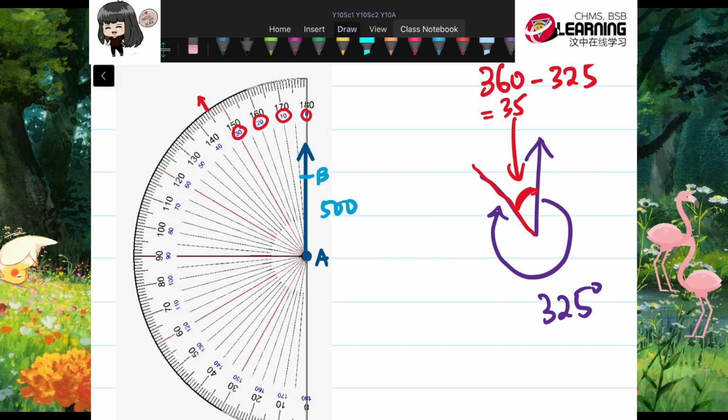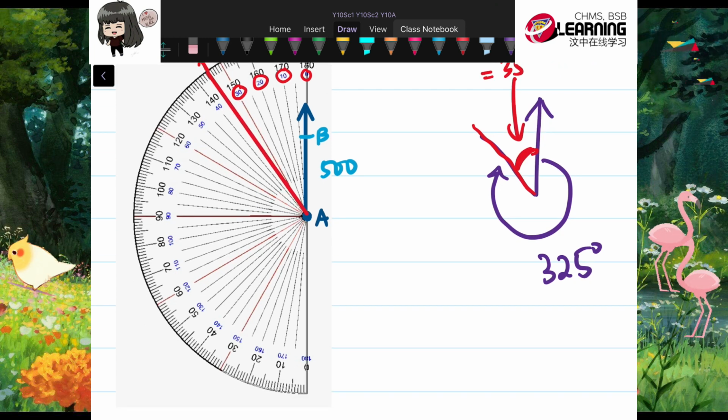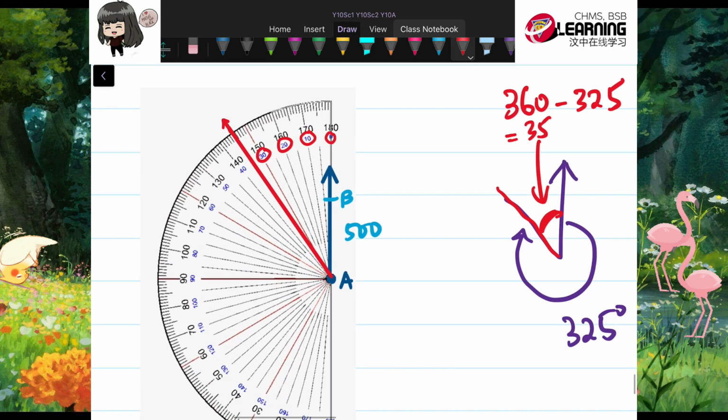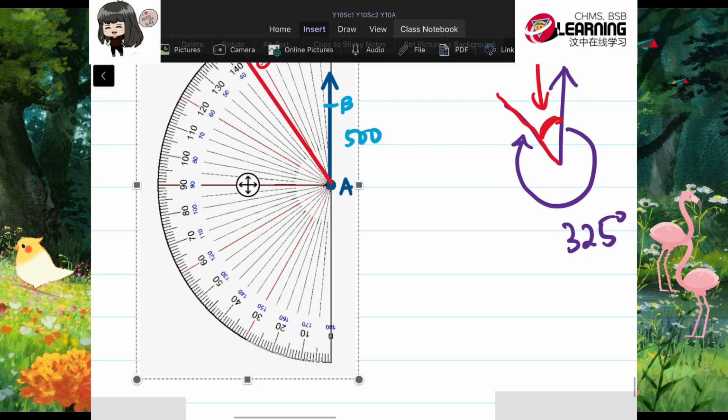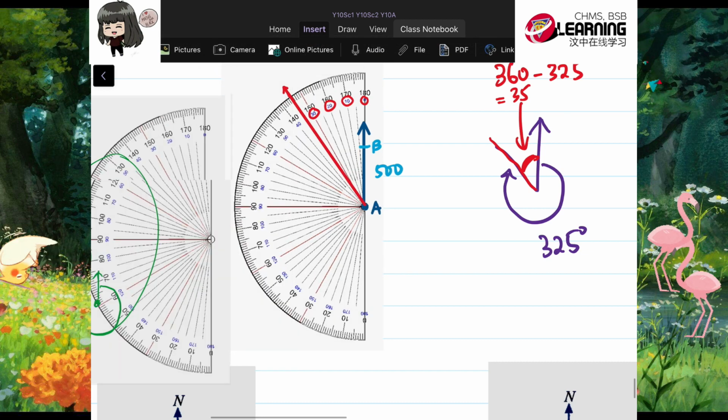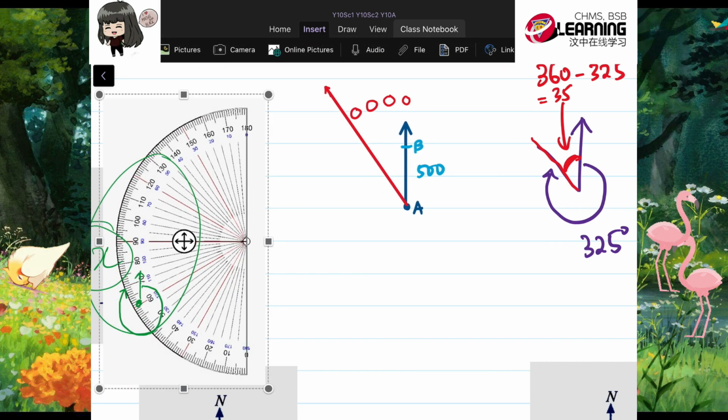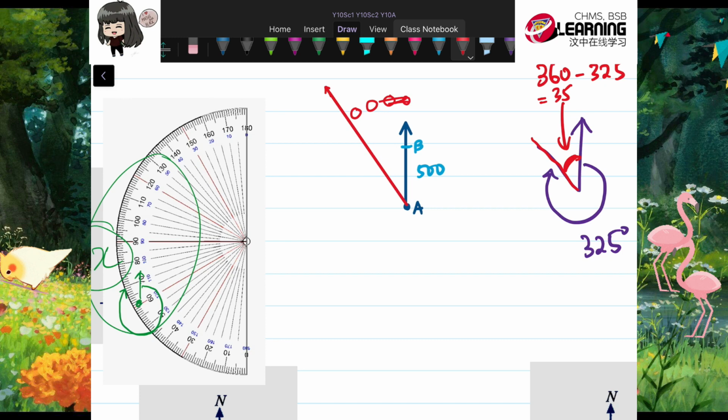And then you draw your line going through here. So that is your 325. If I move away the protractor, then only you can draw that line, isn't it? So there it is.